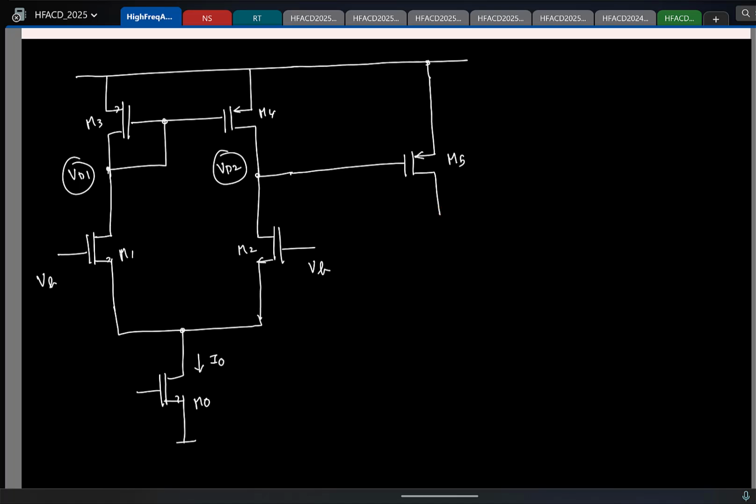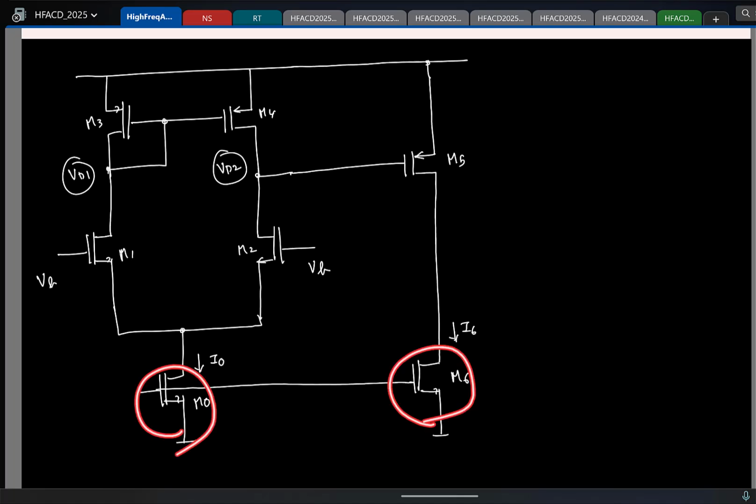NMOS transistor. So let me draw that also. I'll call this M6, and you can basically mirror the current from this branch itself. Let us say this is to be biased with the current I6. You can size M6 and M0 appropriately so that the ratio of the currents here is what you want. Simple current mirror.